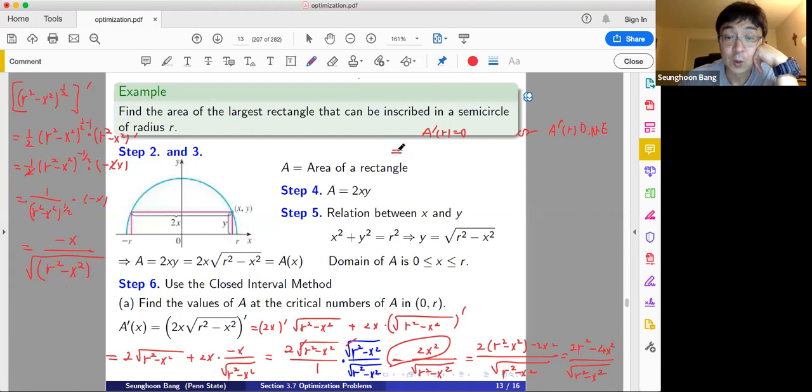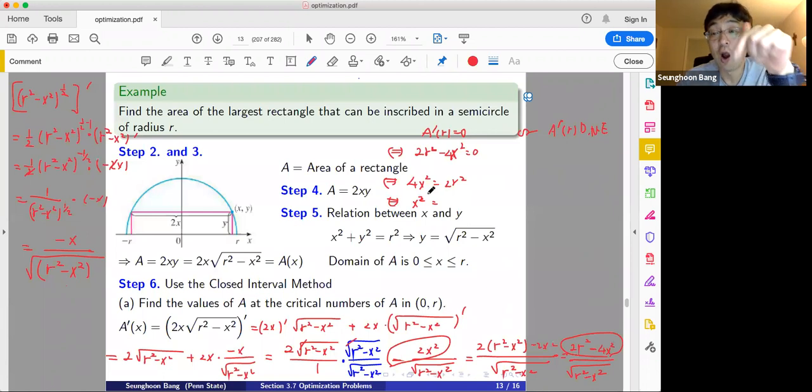A prime of r equal to 0 means only the numerator equal to 0: 2r squared minus 4x squared equal to 0. You add 4x squared, so 4x squared equals 2r squared. So x squared equals 2r squared over 4; 2 is crossed out, r squared over 2.